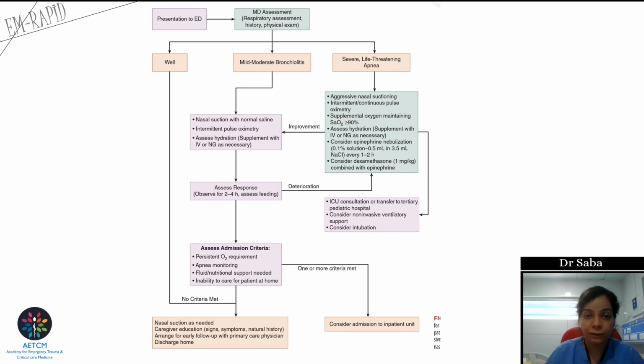But let's just say if our initial assessment of the respiratory system suggests severe or life-threatening apnea, then in that case, this candidate would be admitted in the ICU, intensive care unit.